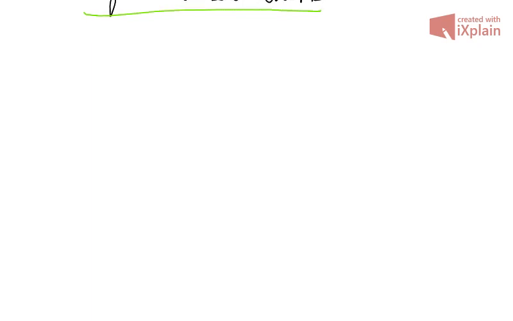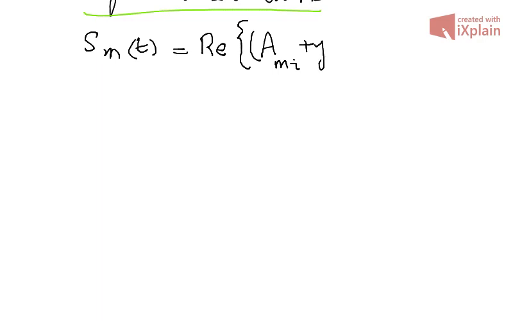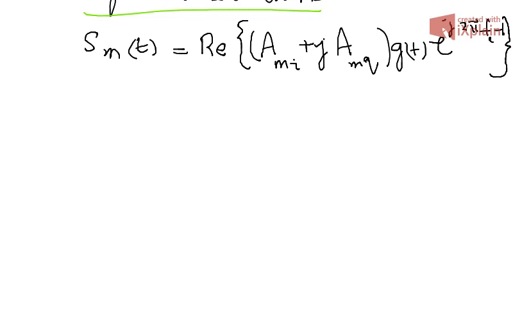We represent quadrature amplitude modulation in this form: we write Sm of t as the real part of a sub mi plus j a sub mq, then g of t, and a complex exponential e raised to the power j2 pi fct. This is the representation of Sm of t.